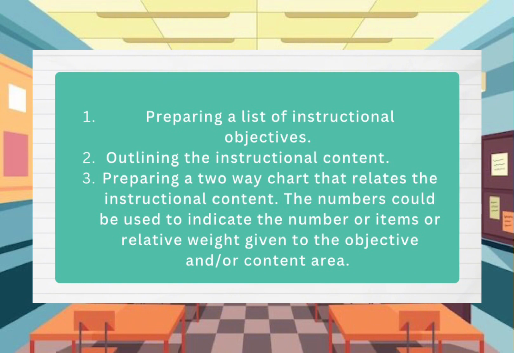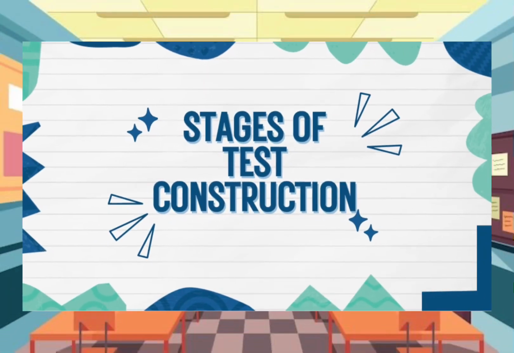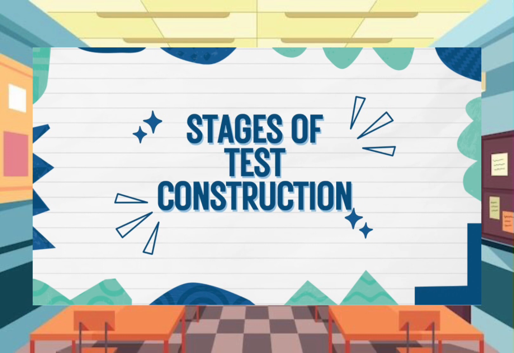Third, preparing a two-way chart that relates the instructional content. The numbers could be used to indicate the number of items or the relative weight given to the objective and/or content area. The second procedural step in developing a test is test construction or item construction.